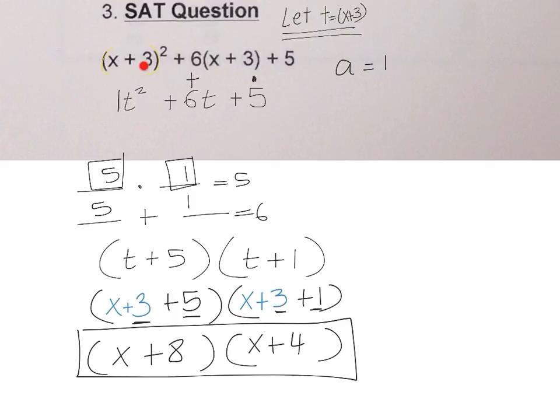So if you get something like this, and you see that the same factor is repeated, just replace it with a variable, whatever variable that you want, factor the new polynomial, and at the end, once you get the factored form, you can replace t by whatever you assumed it is equal to, and simplify. And that would be how you simplify or factor a problem like this.